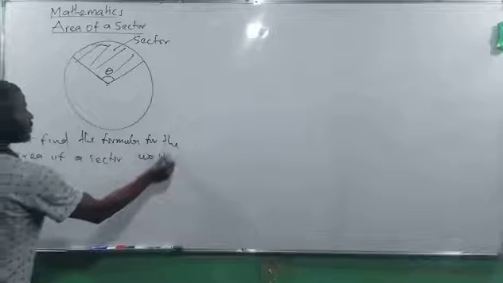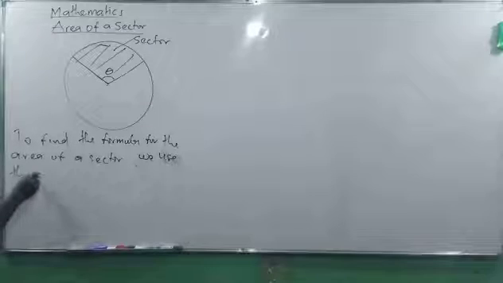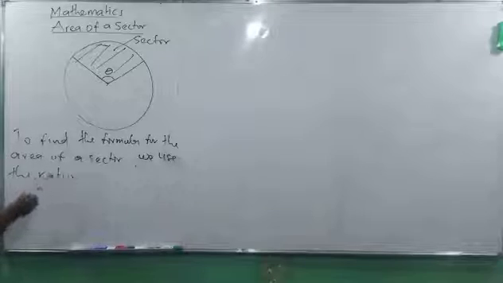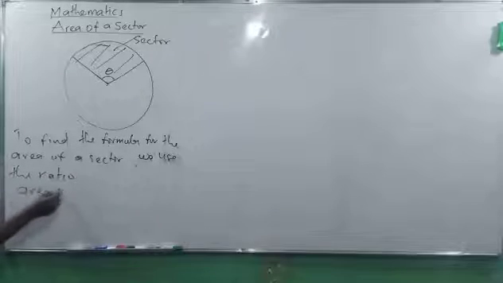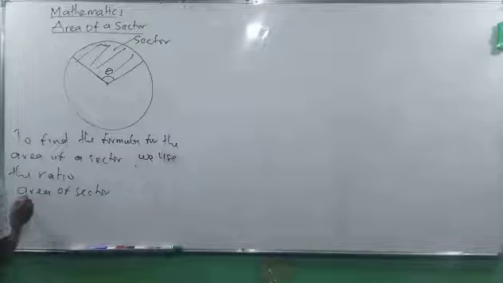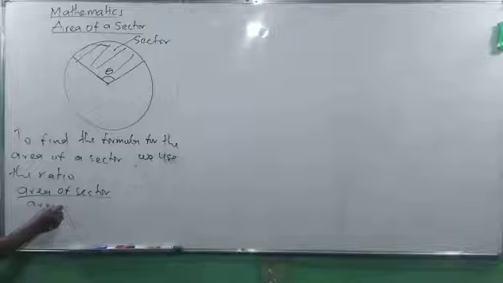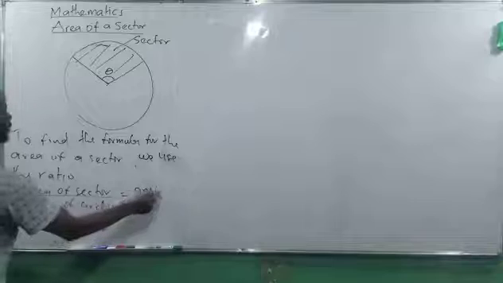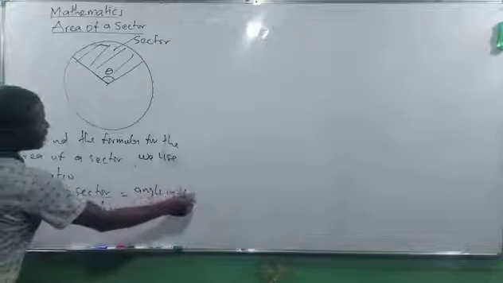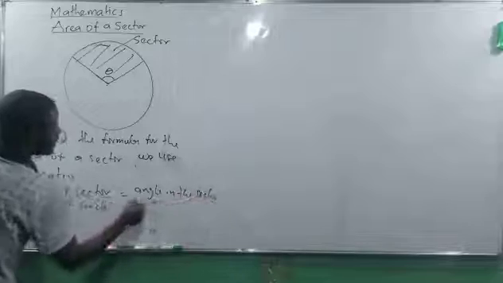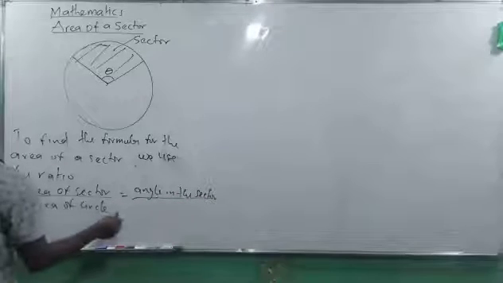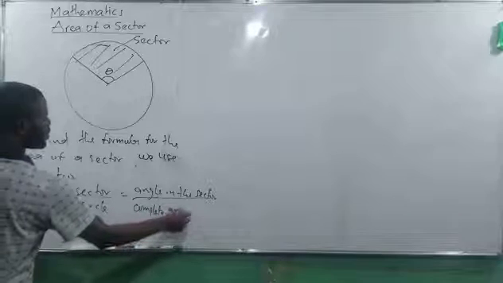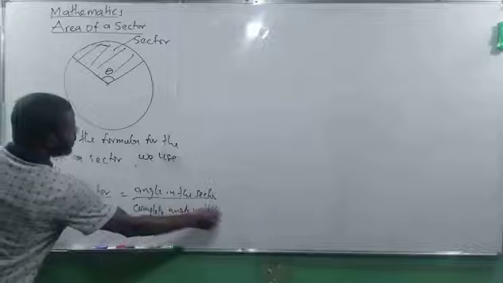We use the ratio of area of sector divided by area of circle equals to angle in the sector divided by complete angle in the circle.